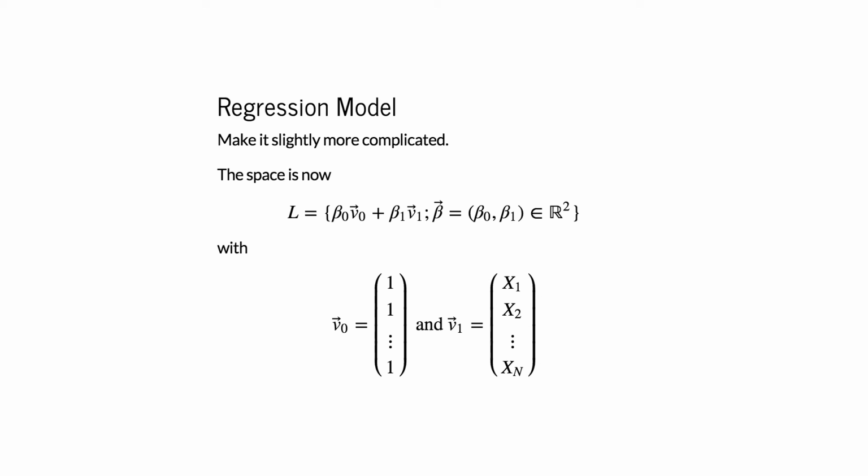We can ask, what is the line in the subspace defined by all lines that you can see in this equation here that is closest to the data? To do that, we will define two basis vectors. v0 here is just all ones, and v1 are our x's that we are performing the regression on.